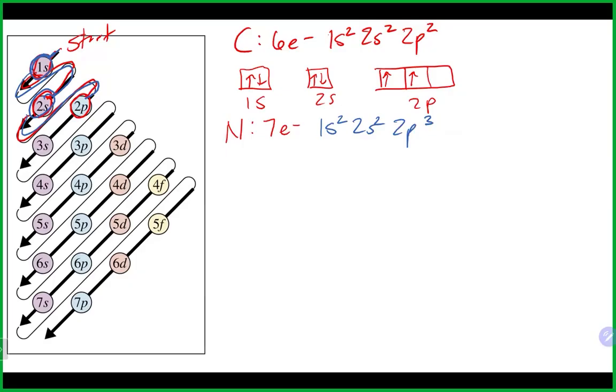We are now up to 5 electrons on the second energy level, 2 and 3. And again, picture-wise, this is what it's going to look like. Up, down, up, down, up, up, and up.